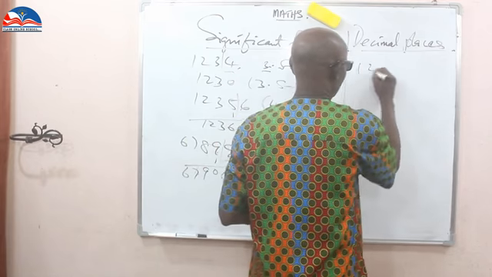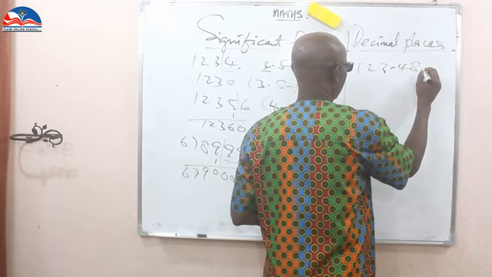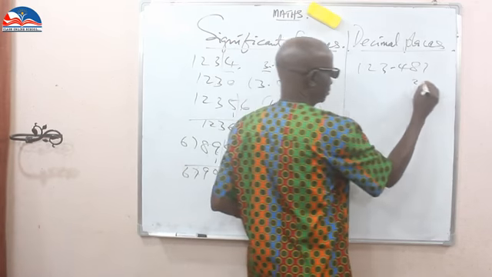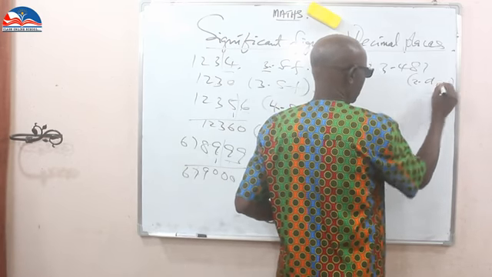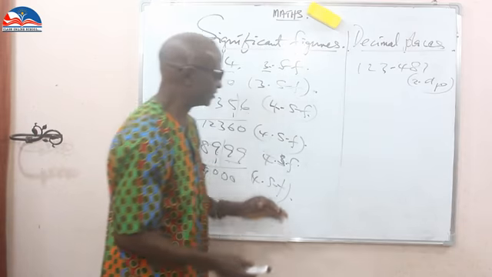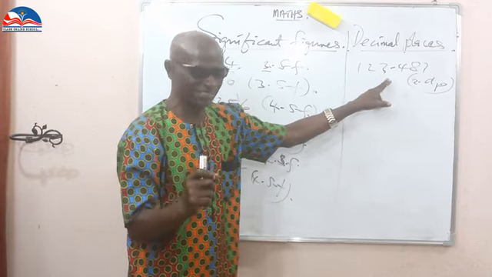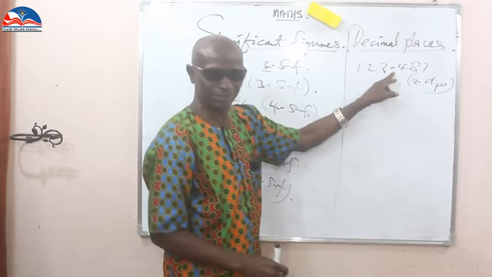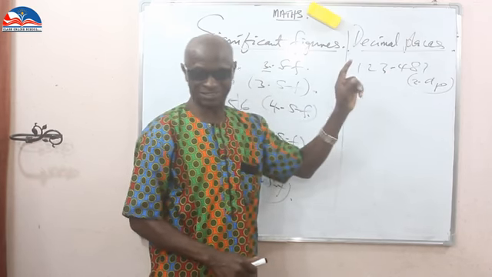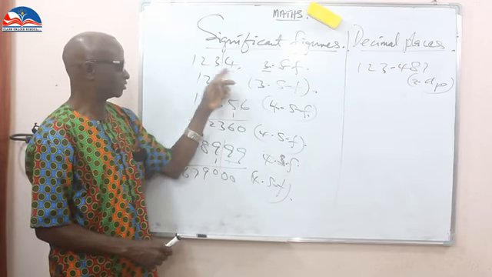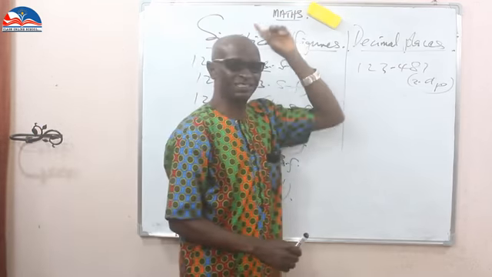If I'm given 123.4789, and I say correct to 2 decimal places. You see, in significant figures, you start from the first number here, 1, 2, 3. But in decimal places, I repeat, you must start from the decimal point. Decimal places say you must start from the decimal point.